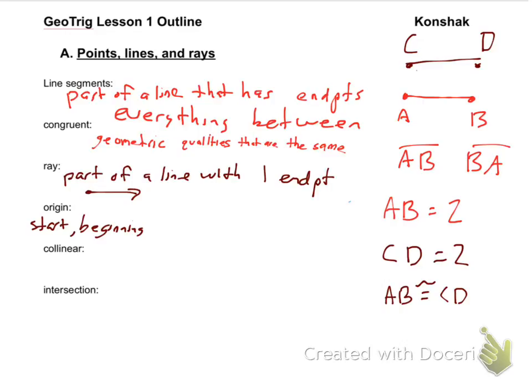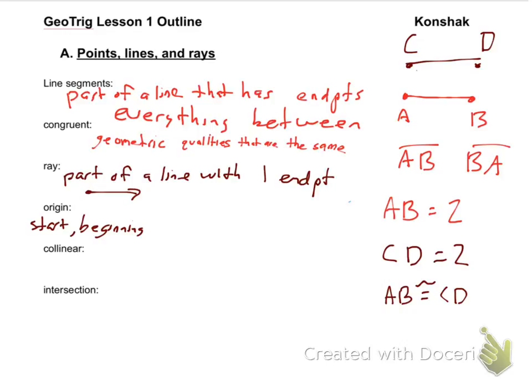Collinear. What does collinear mean? What's the root word of linear? Line. So it's a line. To be co-line, the same line.